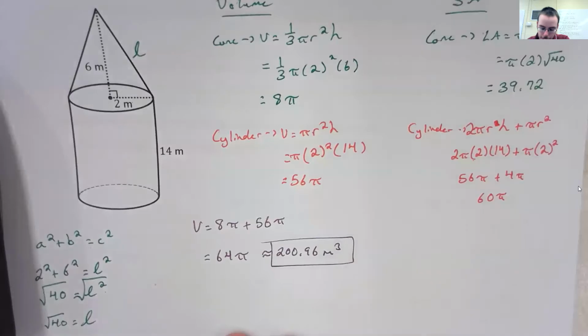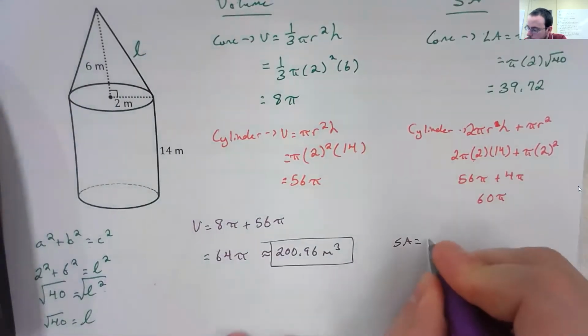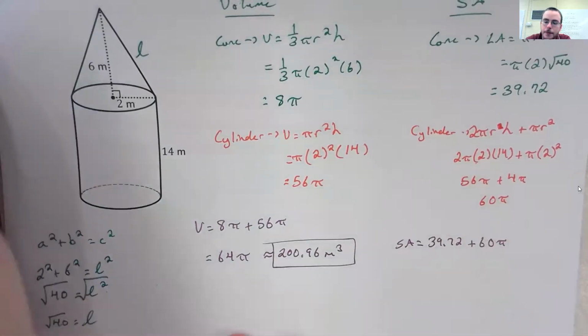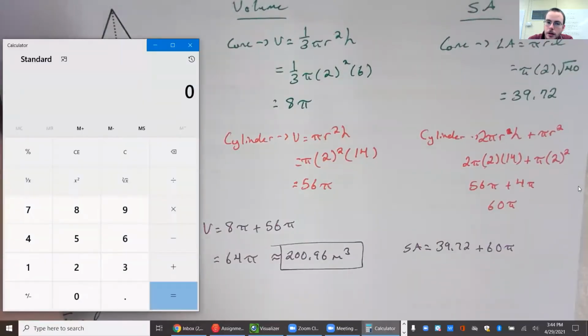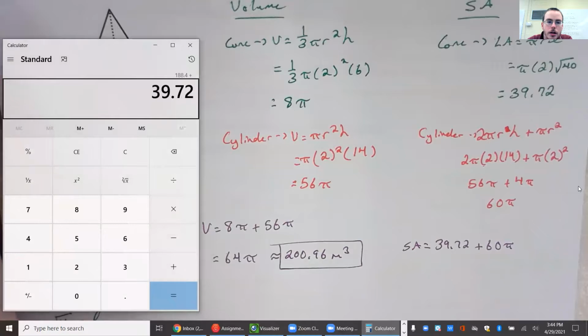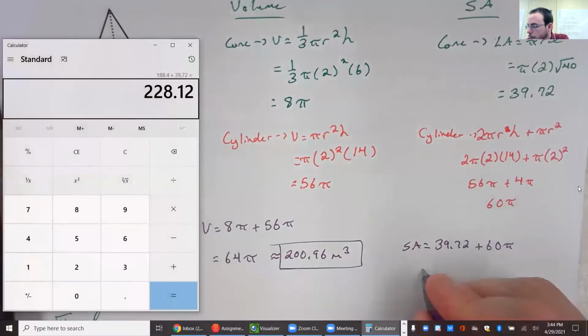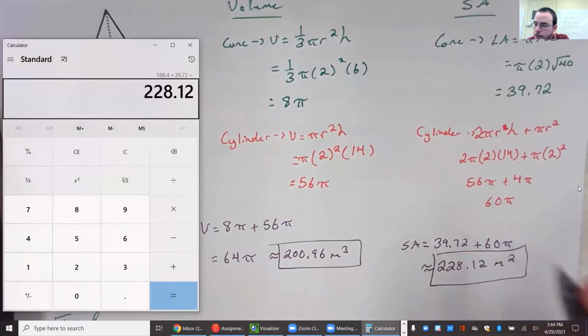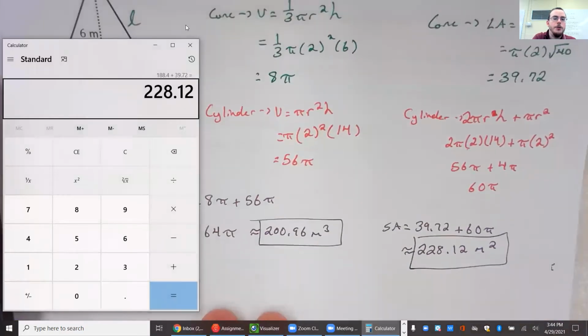Now to find the actual surface area of the whole object, we take 39.72 and add 60 pi. And if we do that, we get that our surface area is approximately 228.12 meters squared.